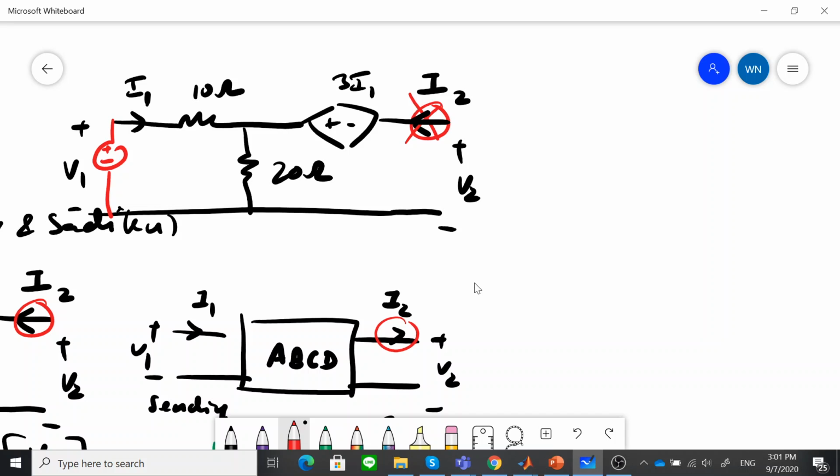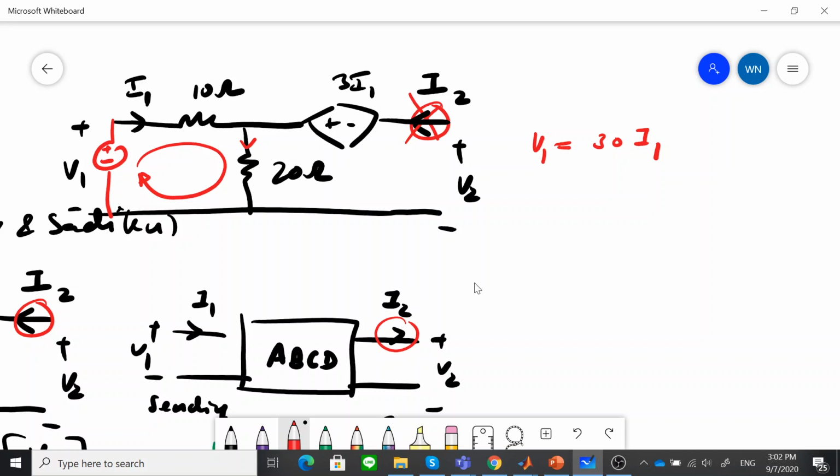So what is the V1 here? The current flows from the source and comes back to the load this way. So V1 is 10 plus 20, which is 30 times I1, since the current I1 is flowing down below. And what is the voltage drop across this 20 ohms?